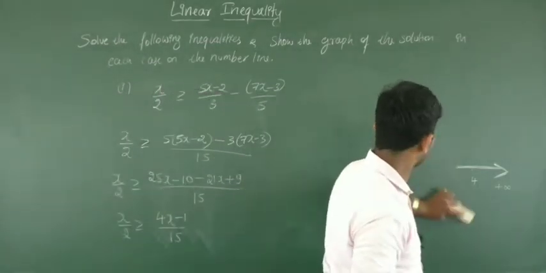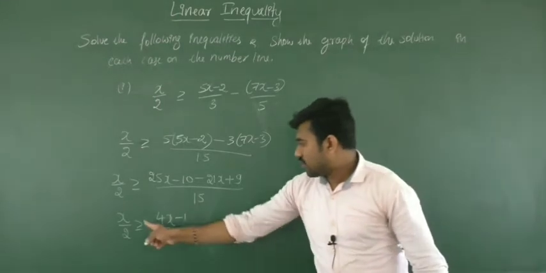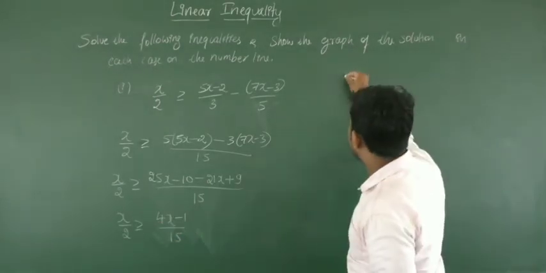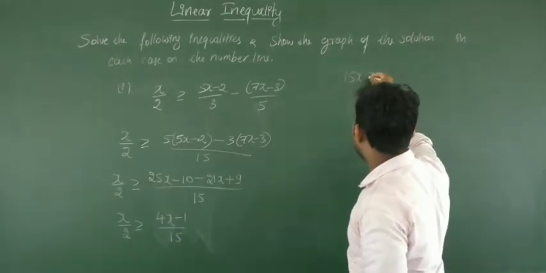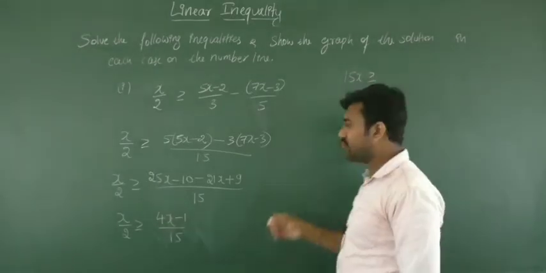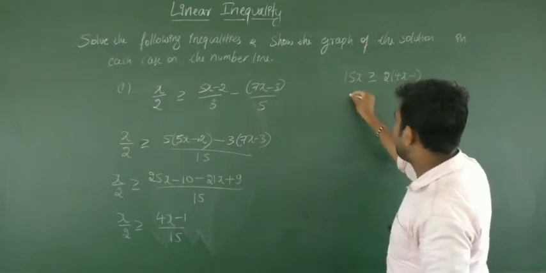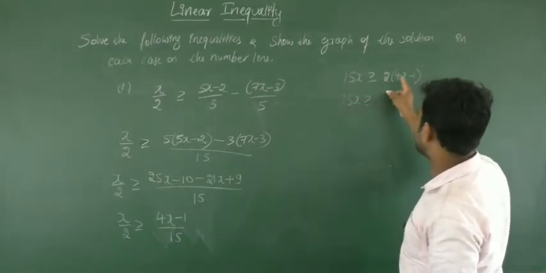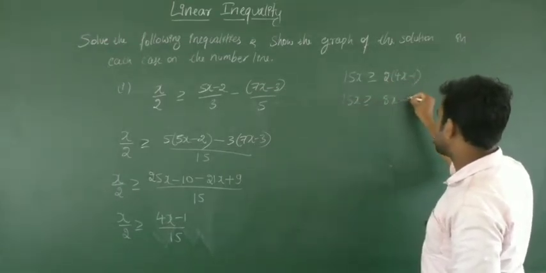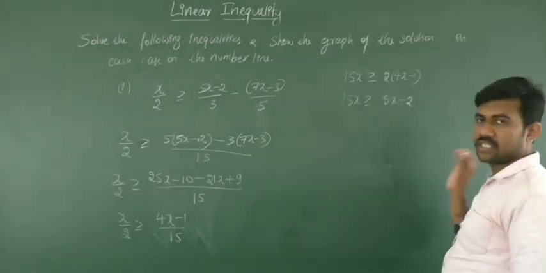See, cross multiply, 15 into x is nothing but 15x greater than or equal to 2 into 4x minus 1, or 15x is greater than or equal to 8x minus 2 by multiplying 2 to each term.